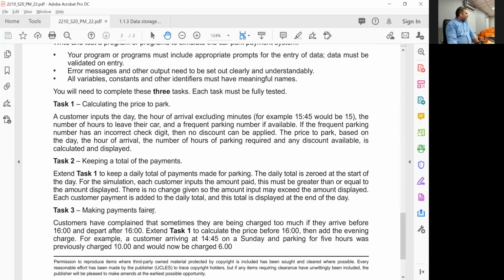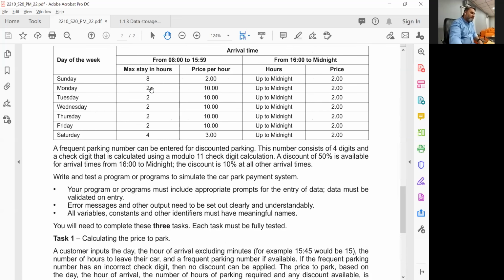So now, as we can see in this data chart, if someone arrives on Sunday at, let's say, 1400 hours and stays for 5 hours, they will be charged as per the price which was enforced when they came, no matter if they stayed until after 1600 hours. So that is what they are saying.